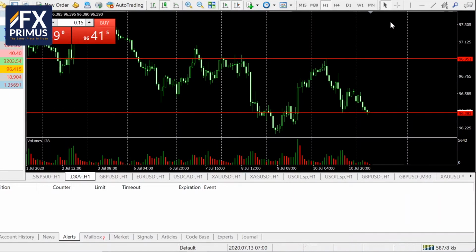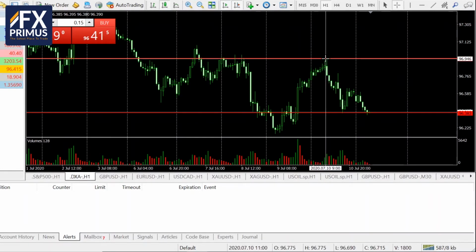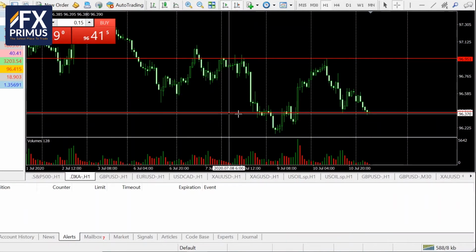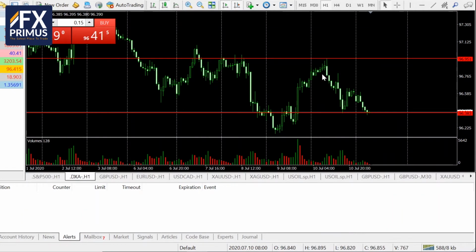For those who are new, the US dollar index shows us whether the US dollar was weakening, going down, or whether the US dollar was strengthening or going up. Basically, the US dollar index measures the strength of the US dollar against a basket of major currencies, including the UK pound and also the euro dollar.